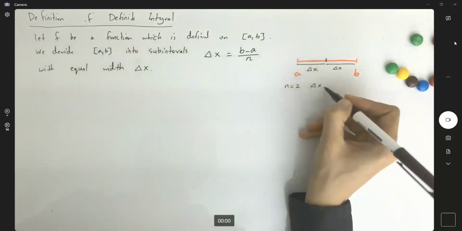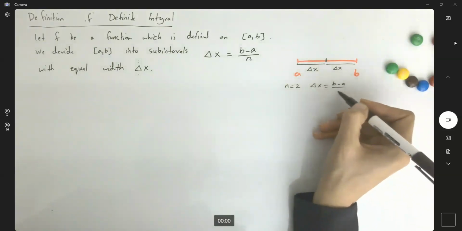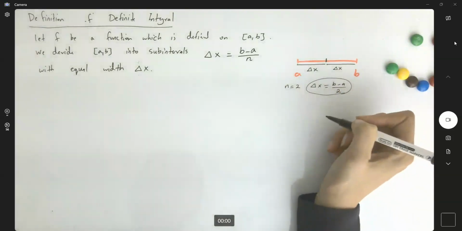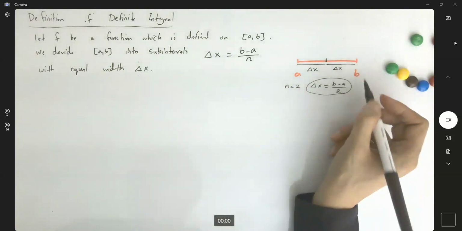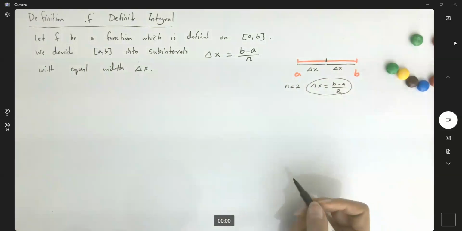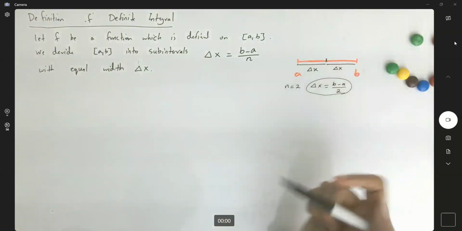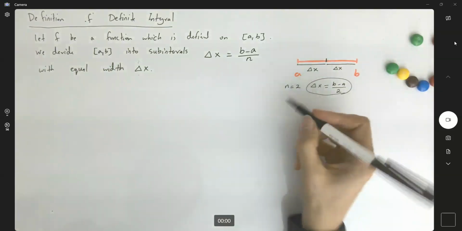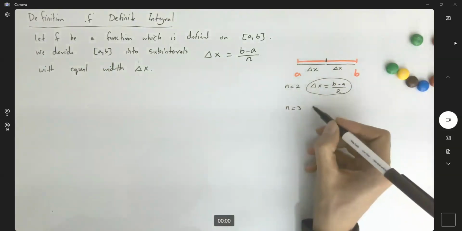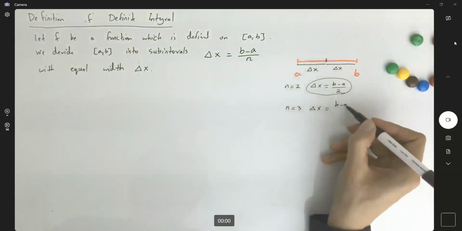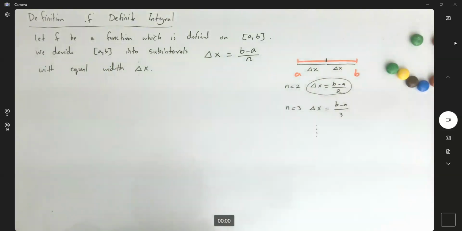So delta x is b minus a divided by 2. Whatever a is, whatever b is, we're going to do the subtraction and divide it by 2. If I have 3 subintervals, my n is 3. Delta x is b minus a divided by 3, and I can continue this process. Okay, very good.